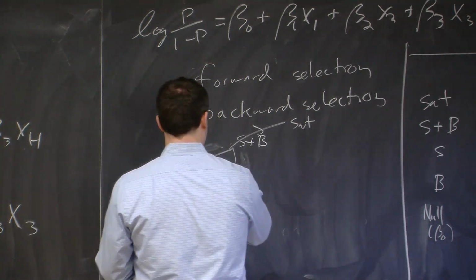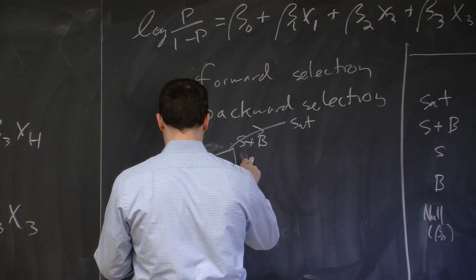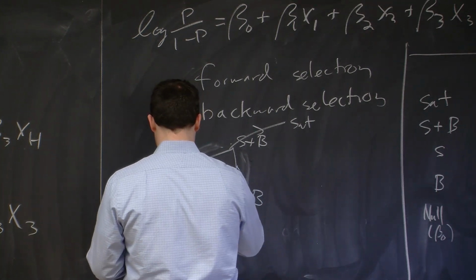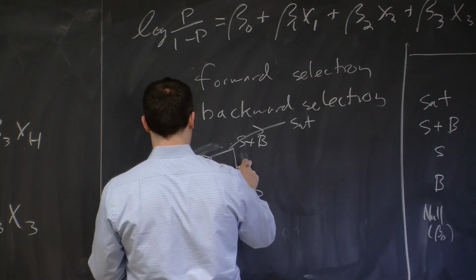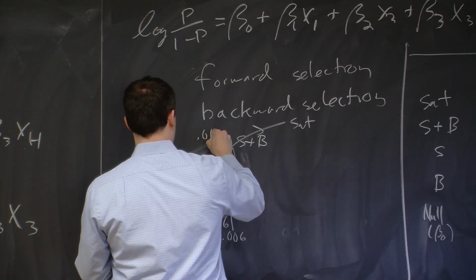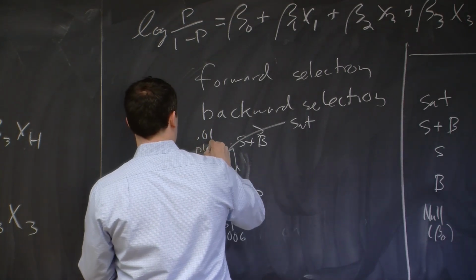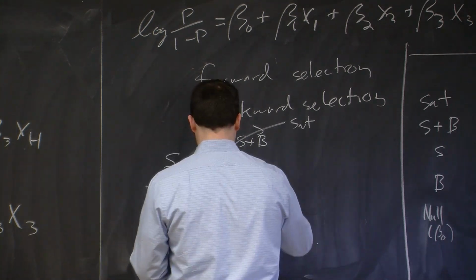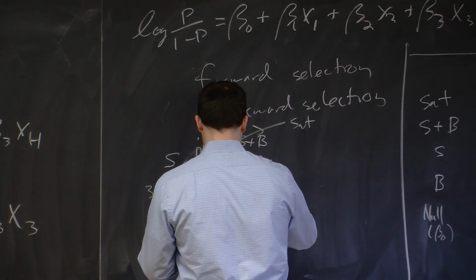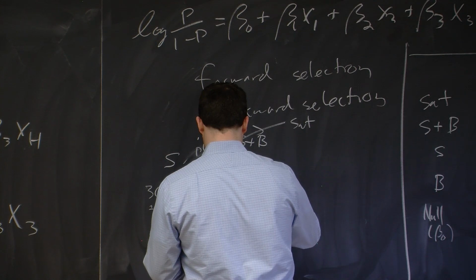Then going from S to S plus B, adding B to the S model, going up here, the delta G squared is 0.01, and the p is large. And going from B to S, I maybe don't have that one.